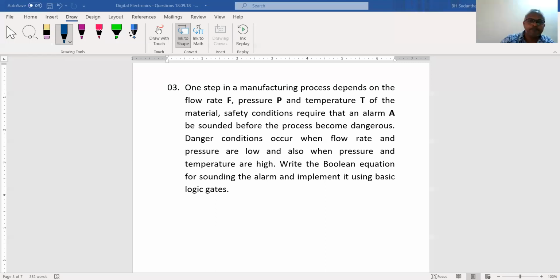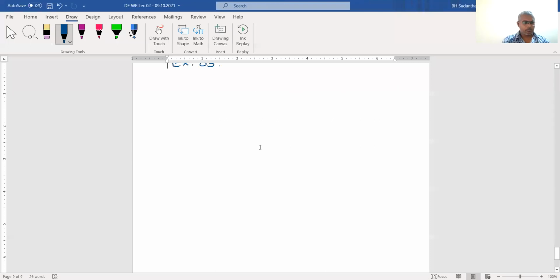Okay, we can prepare the truth table in the usual way.